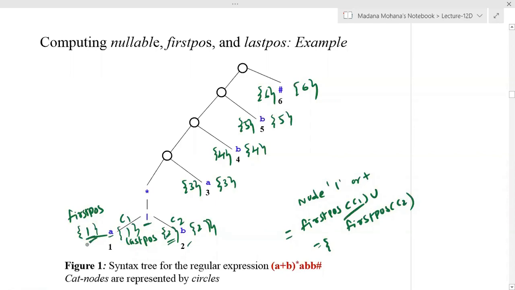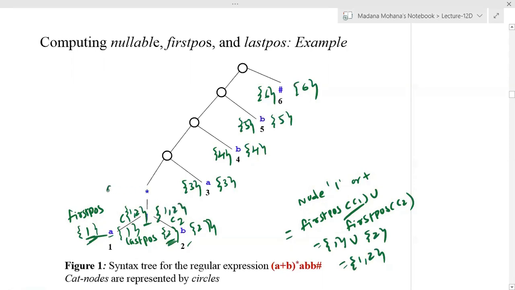For A, the first position is this one, 1, union. For the right child C2, that is B, the first position is 2. Now combining these two, we get 1, 2. So for the R node, the first position values are 1, 2. Then the last position is also the same. Why? Because this is not a cat node. Same, you will get 1, 2.